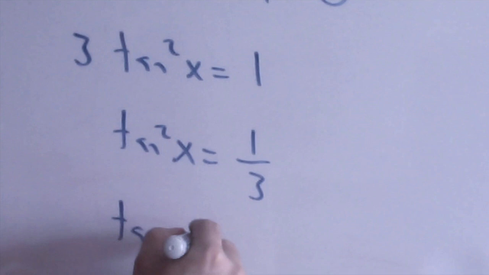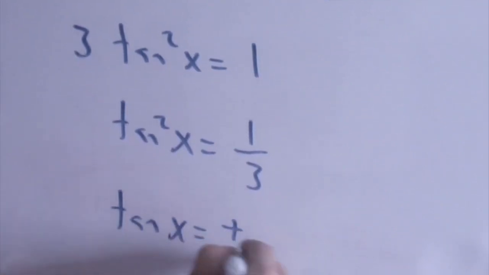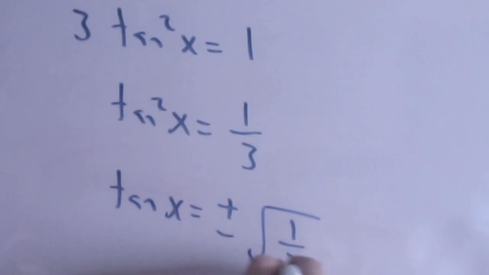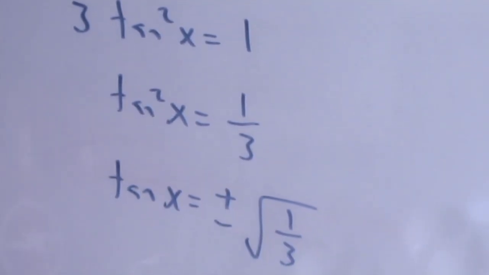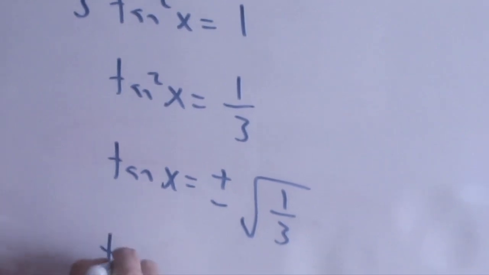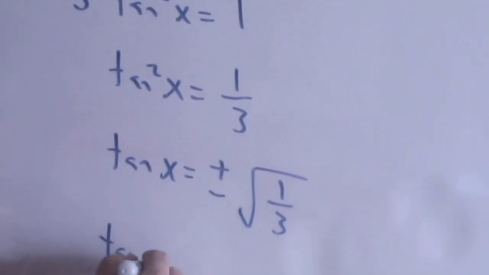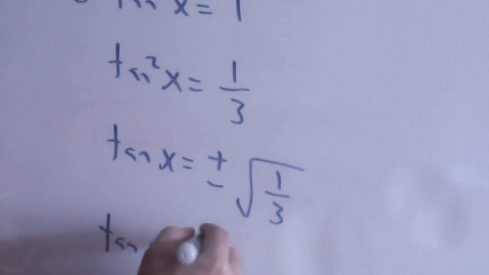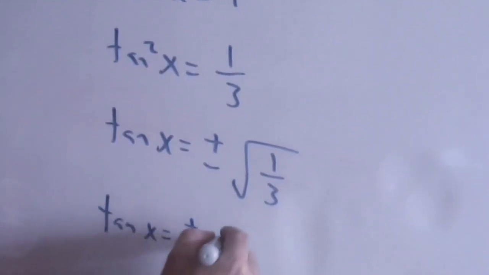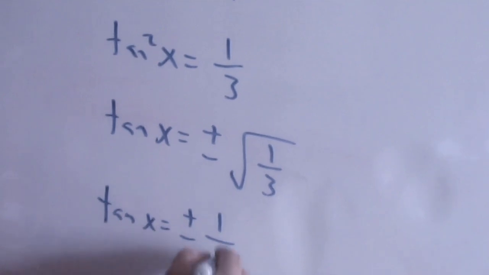That tangent x equals plus minus the square root of 1 over 3. And also, what's the square root of 1? Is 1. So it is plus minus 1 over square root of 3.